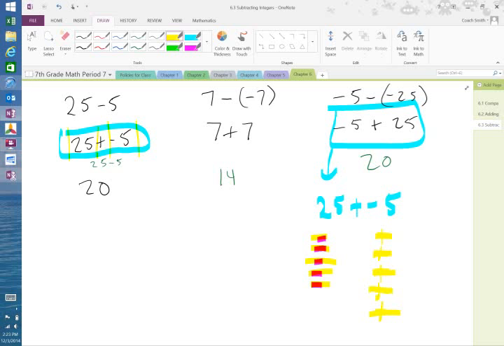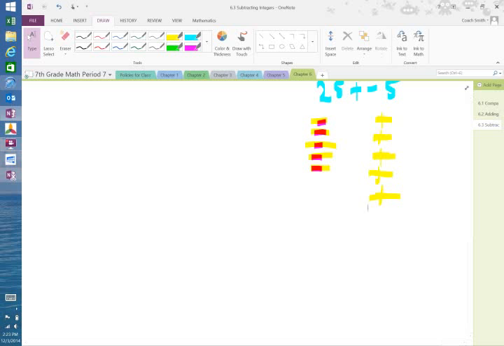Okay, and number 2 has negative 7 minus 3. So if we convert that to addition, then what is the new expression going to be if we convert that one to addition? Levi. Negative 7 plus negative 3. Yes. Negative 7 plus negative 3.